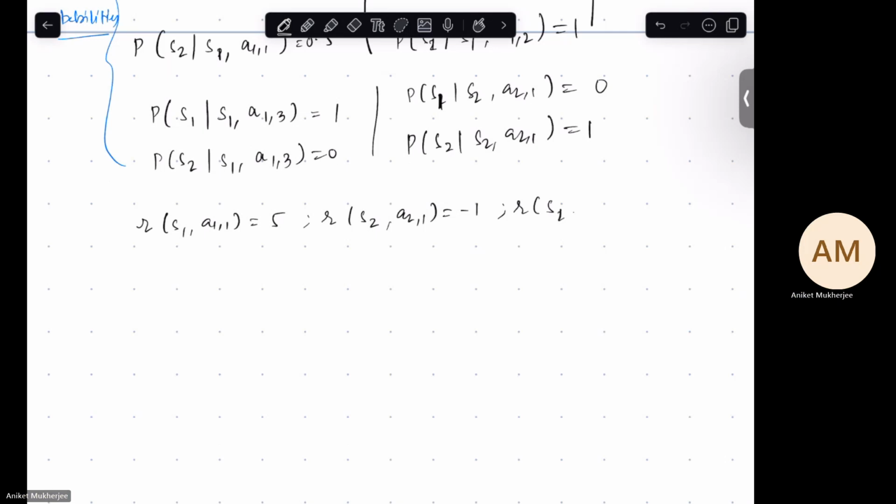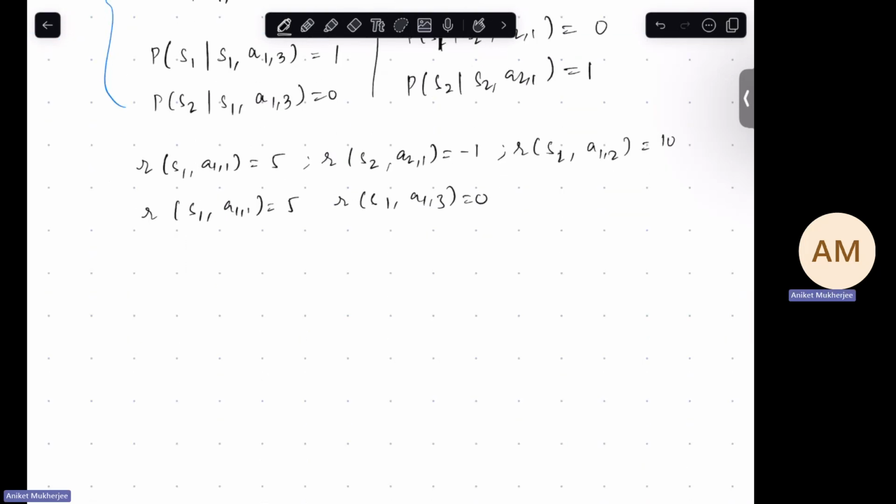S2 A12 is 10. S1 A11 is also 5. Reward S1 A13 is 0.